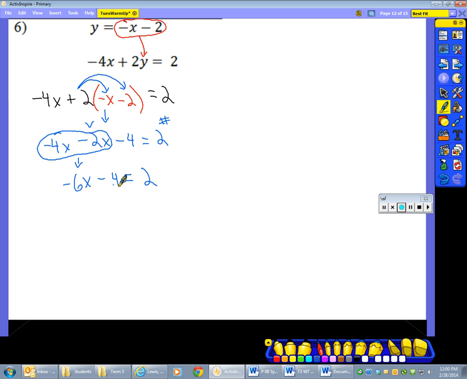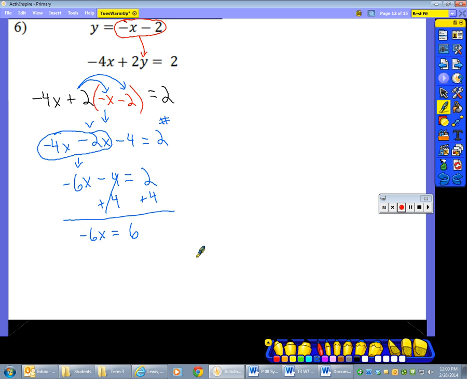So now my equation looks like this. Well, I want this negative 4 to go away, so I have all my x's together. So I'm going to add 4 on both sides, because that's the inverse of subtracting 4. And I have negative 6x equals 6. And now I want to get rid of this negative 6.